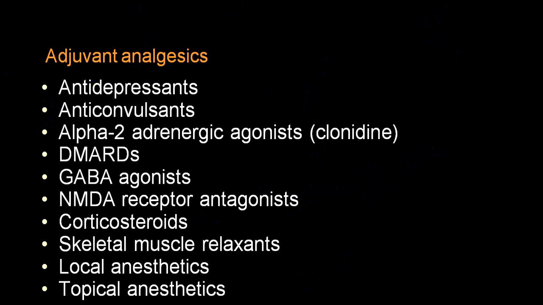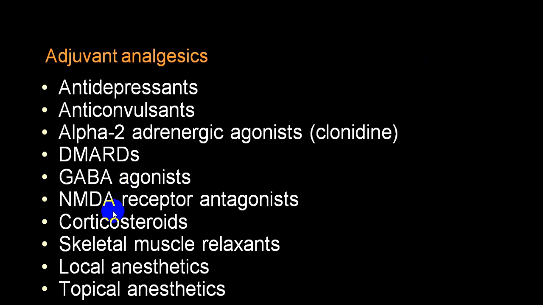In those groups, you can use antidepressants, anticonvulsant drugs, clonidine, then GABA agonists, that is pregabalin, gabapentin. DMARDs are specifically utilized. These are called immunosuppression drugs, mainly utilized in rheumatoid arthritis. Some of these immunosuppression drugs are utilized in ulcerative colitis, inflammatory bowel disease, or we can say Crohn's disease.